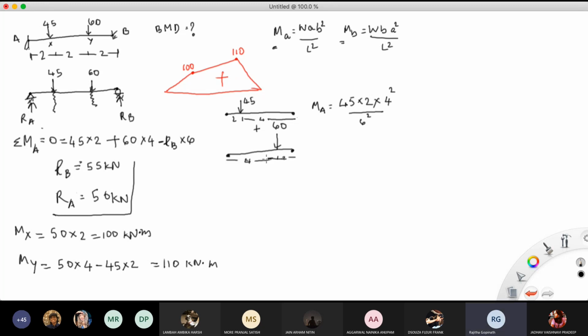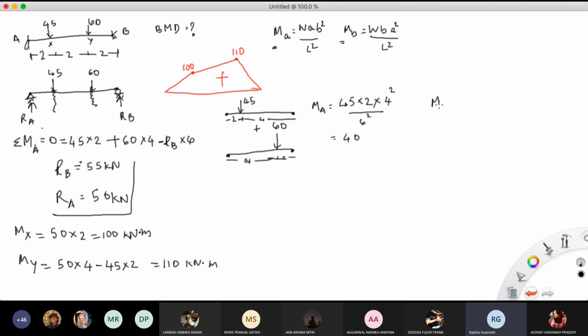Understood? Okay. So this is 45 into 2 into 16 divided by 36. So this is 40 kilonewton.